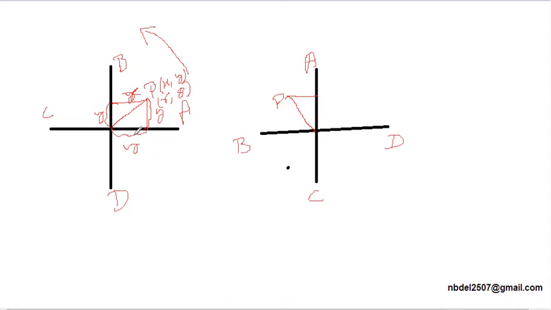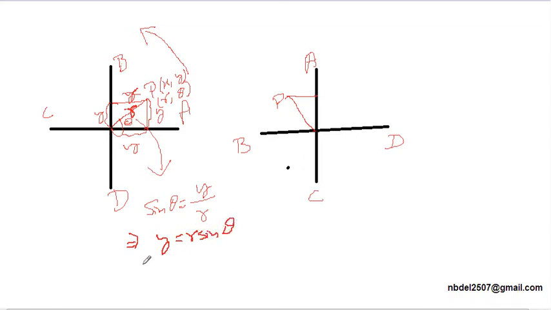If so, then in this right angle triangle, considering this to be theta, sine theta is equal to y by r, because this is r. So I can rewrite this as y is equal to r sine theta.